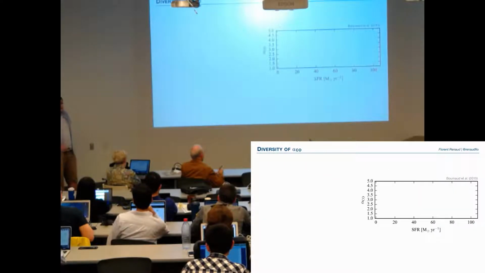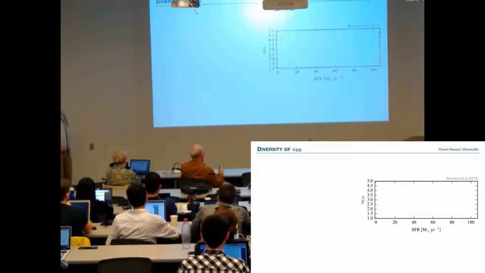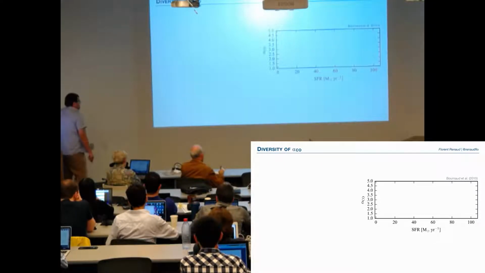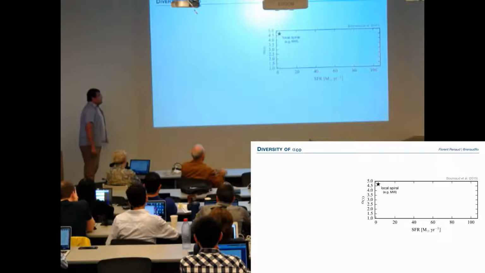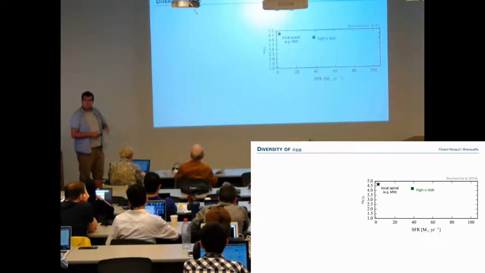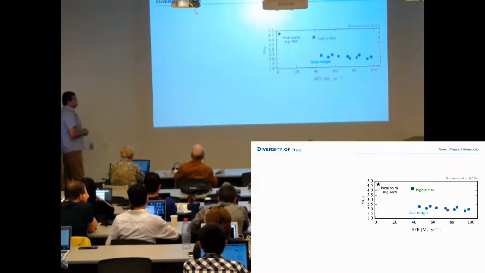So for example, we played this game using simulations. We computed the alpha_CO factor in a technical way I will not bore you with. And we plot that as a function of star formation rate. So we did that with Frederic Bournaud in the local spiral galaxy, like the Milky Way, in the high redshift disk, a clumpy disk if you like, and also on different snapshots along a merger, like the Antennae galaxies.